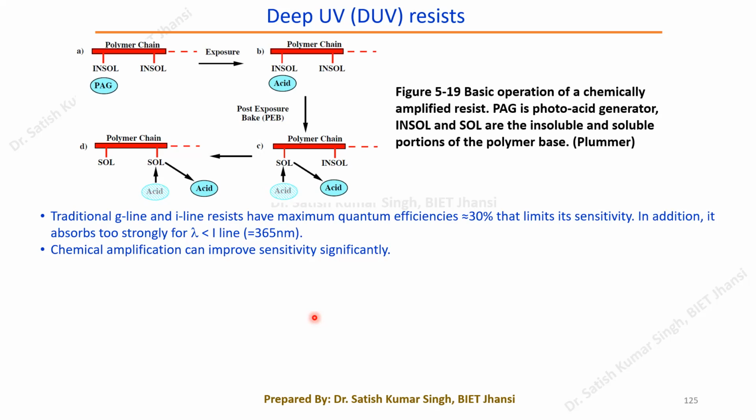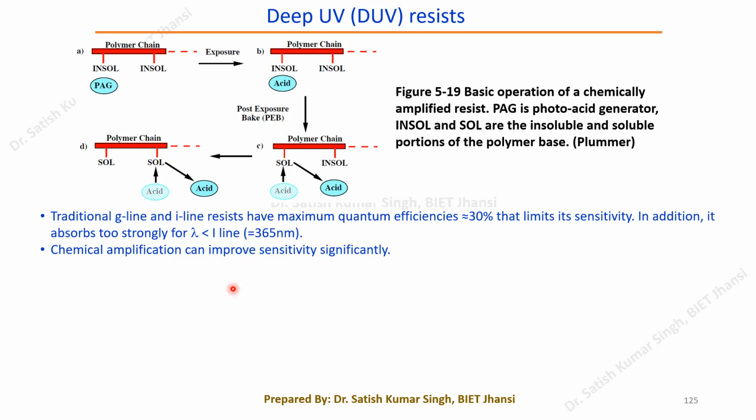One more property, which is basically this catalytic reaction of your acid, is called chemical amplification. This chemical amplification improves the sensitivity of our resist significantly.